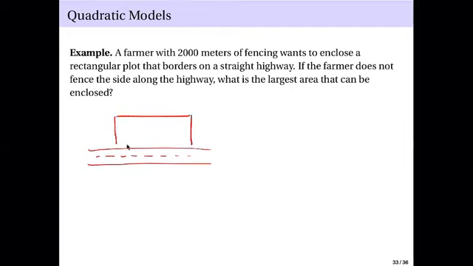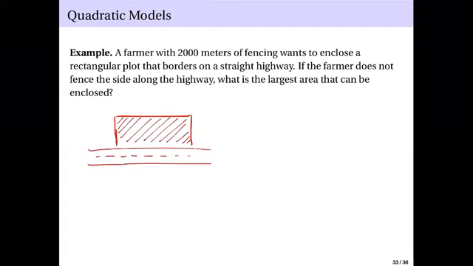Okay? So if the farmer does not fence the side along the highway, so this guy here. Suppose this is the rectangular plot. So the question is, what is the largest area that can be enclosed?